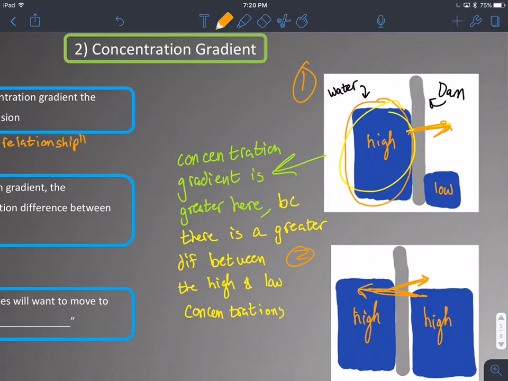You see, there's going to be much more diffusion here in picture 1 if the dam breaks than down here in picture 2, okay?